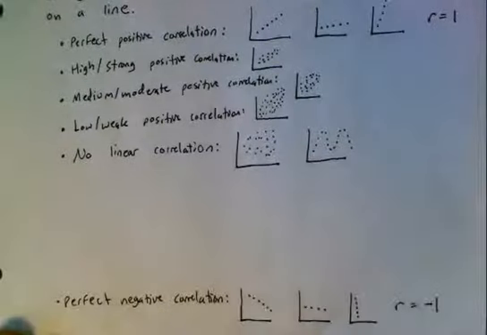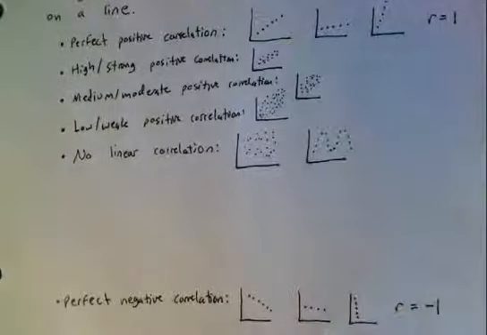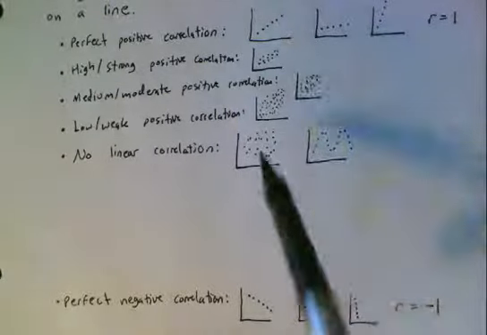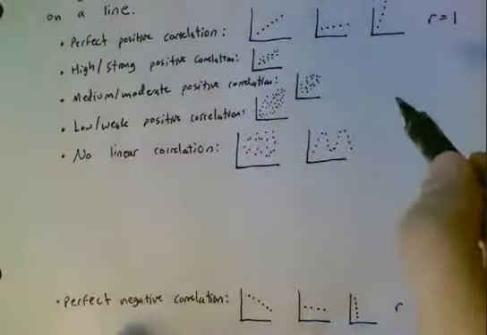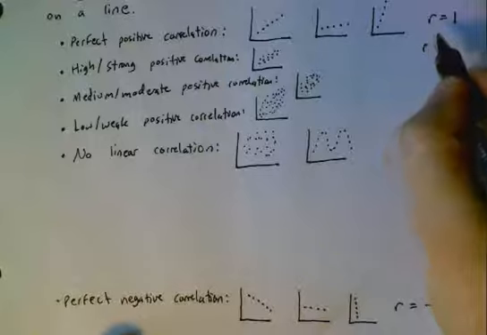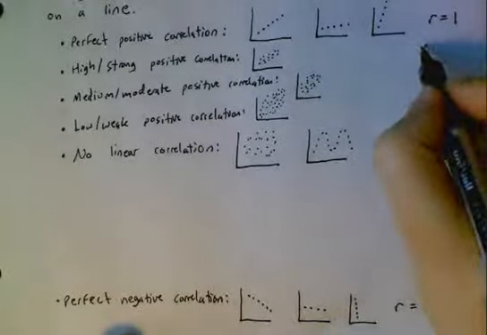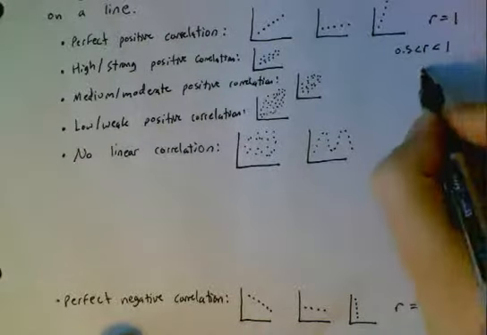And there's going to be some debate about whether or not something is a high or strong correlation, medium, moderate, all that kind of thing. You're just going to have to estimate. I mean, this is clearly perfect, this is clearly no, but the other ones are going to be somewhere in the middle. Generally, for a strong correlation, R is going to be maybe somewhere between 0.5 and 1.